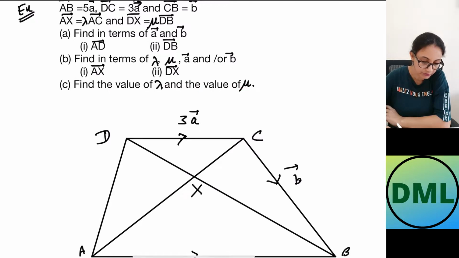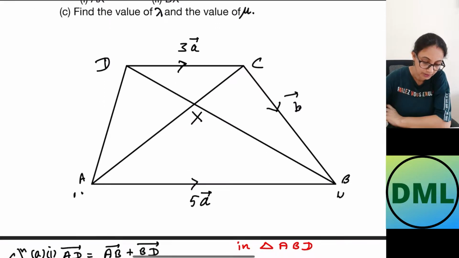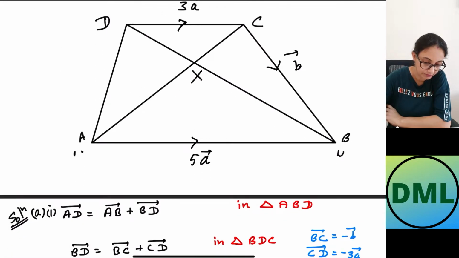Now, in this question, first we have to find out the vector AD. So, if you can see from here, the vector AD, if I apply the triangle law in A, B and D, this can be written as AD vector is equal to AB plus BD vector.